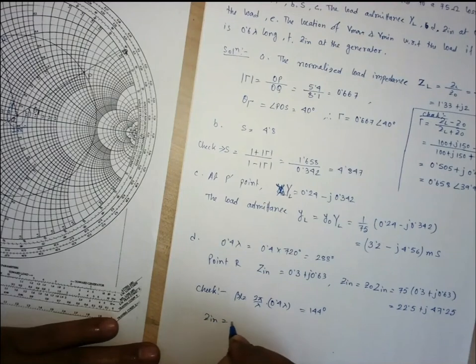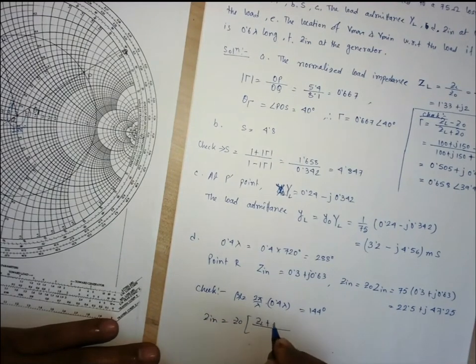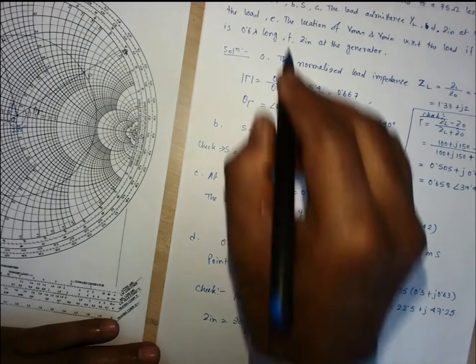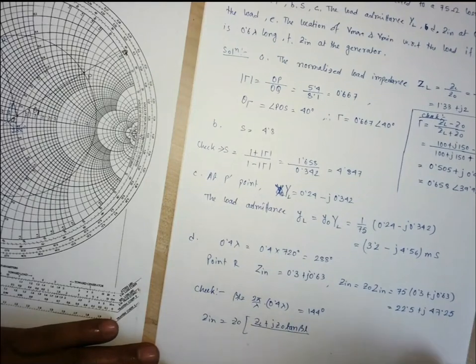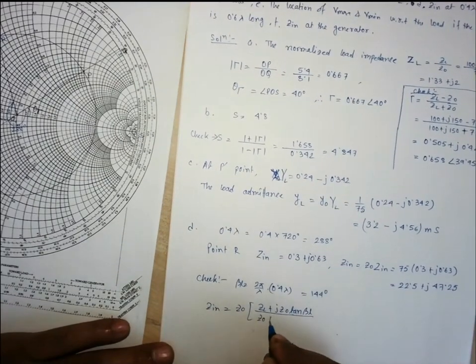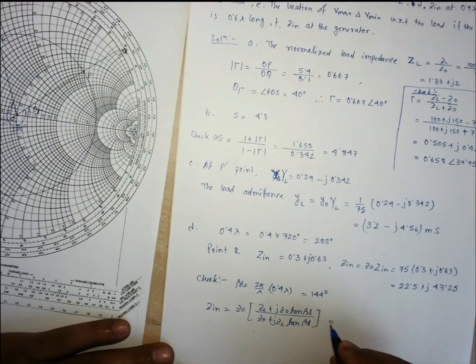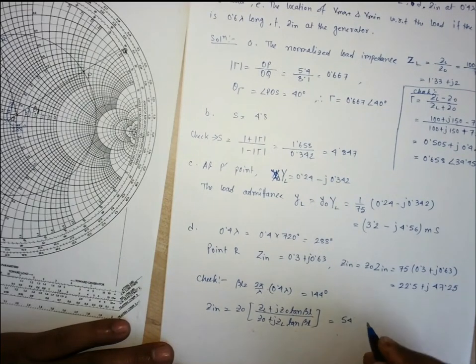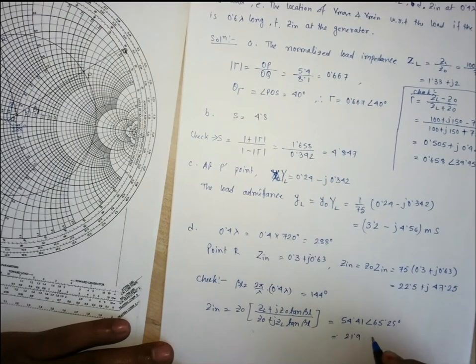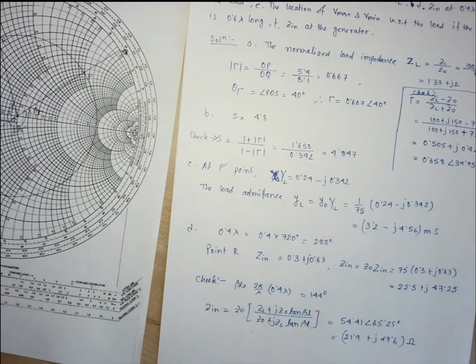So Z in is Z naught times ZL plus JZ naught tan beta L, because it is a lossless line, divided by Z naught plus JZL tan beta L. So it will be coming out as 54.41 angle 65.25 degrees, which if we go with the rectangular form, 21.9 plus J 47.6, which is almost equal to our graphical value.